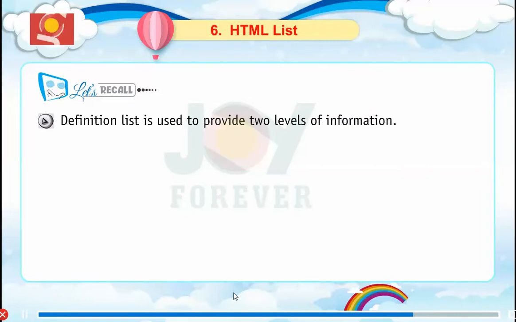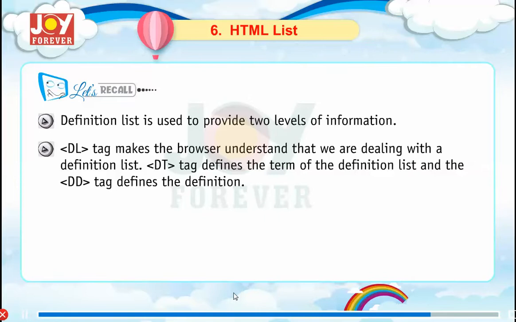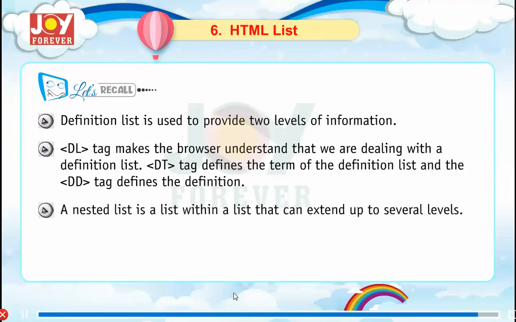A definition list is used to provide two levels of information. The DL tag makes the browser understand that we are dealing with a definition list. The DT tag defines the term of the definition list, and the DD tag defines the definition. A nested list is a list within a list that can extend up to several levels.